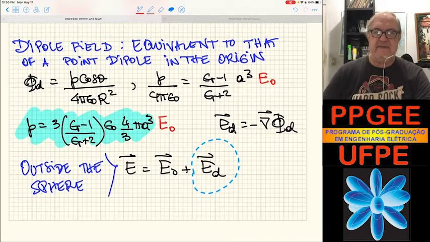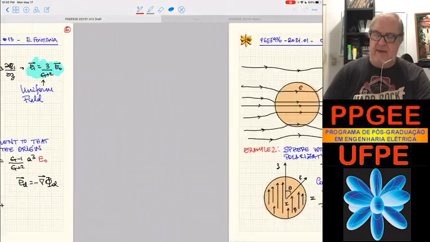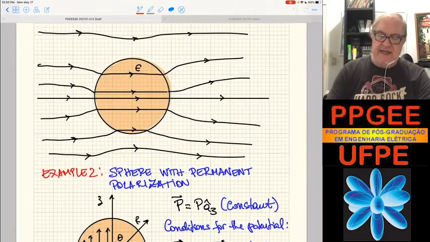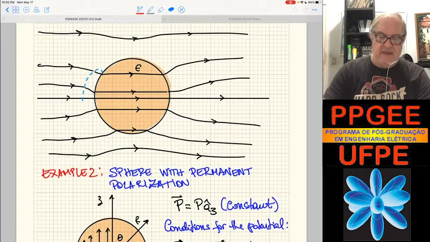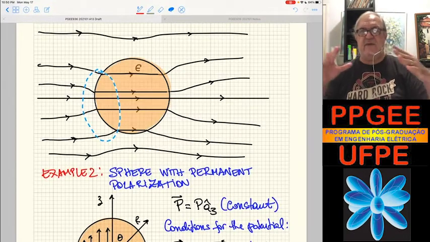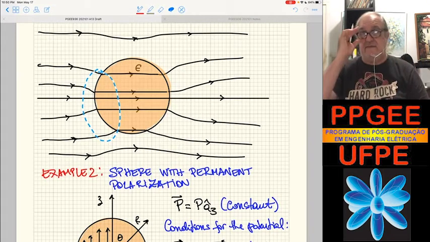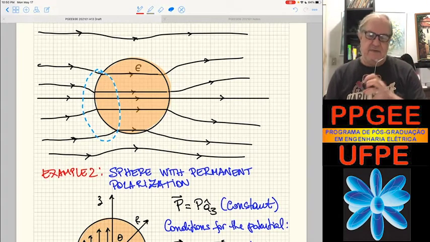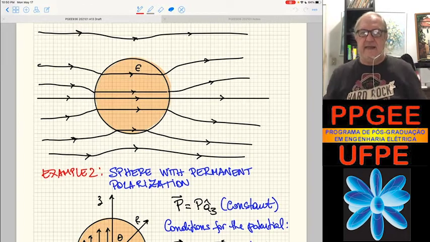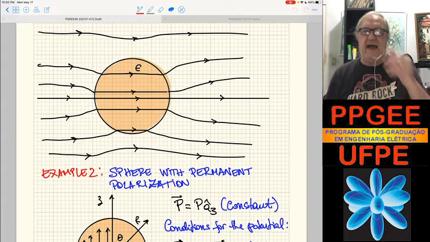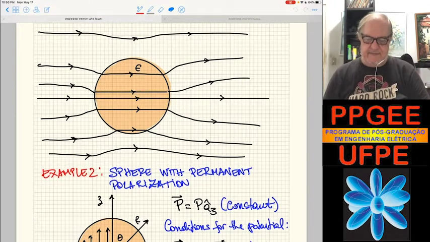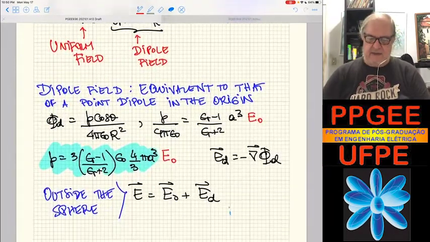If we look at the field lines, we can plot that. The larger the permittivity, the more concentrated the field lines are going to be in the sphere. We can pull all the lines inside. The lines tend to go to the region of higher permittivity. So that's a solution.